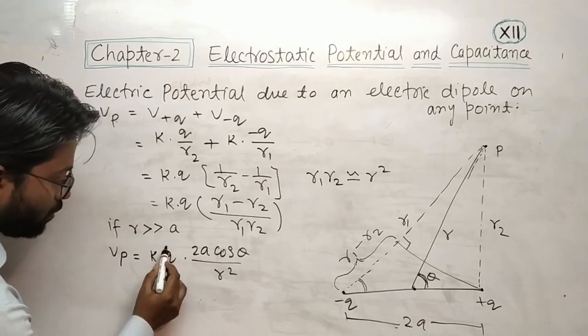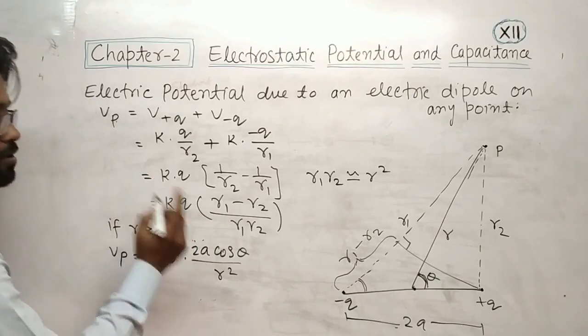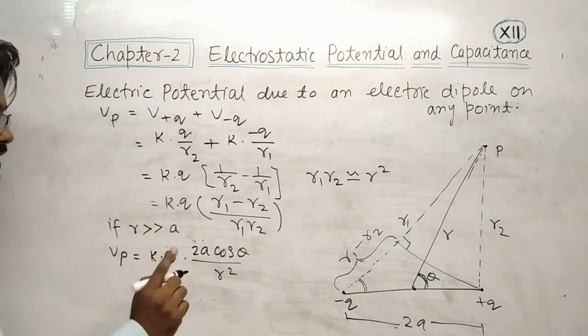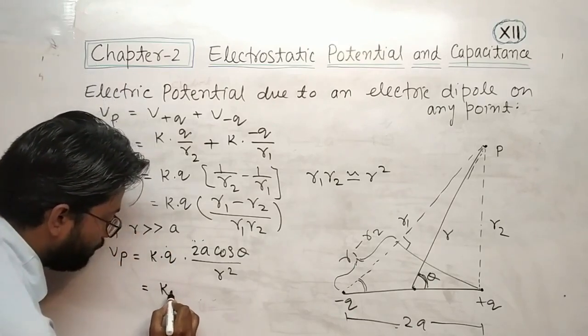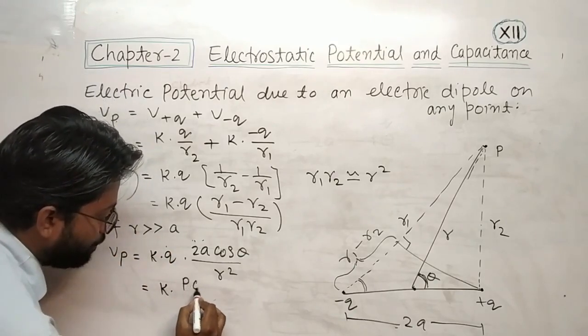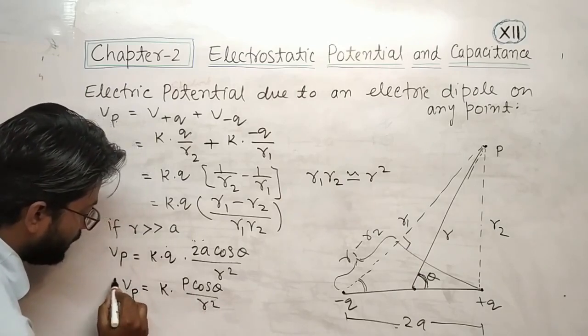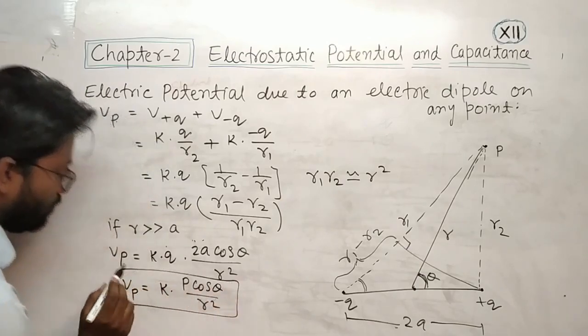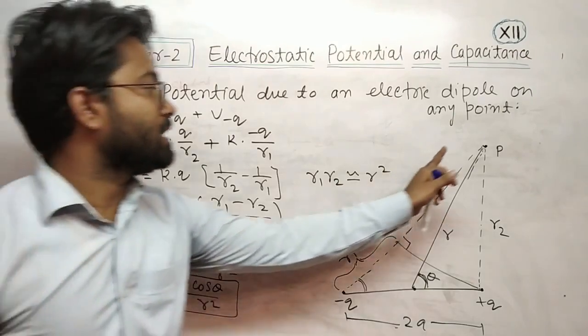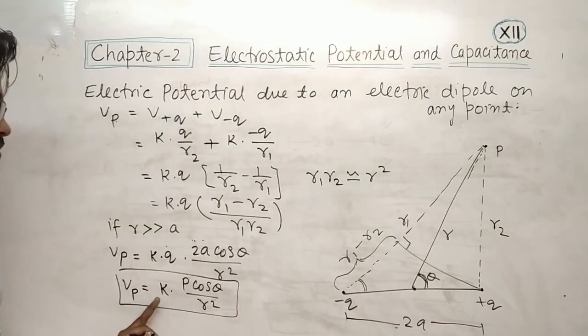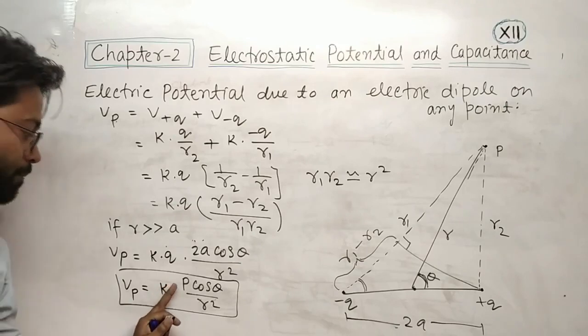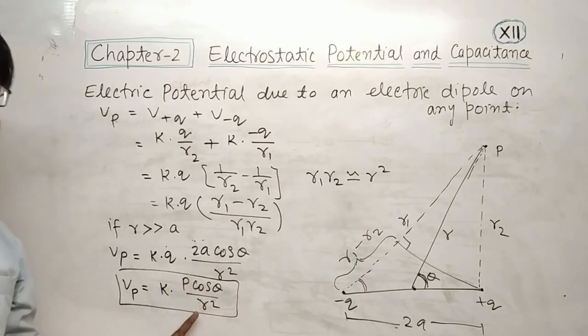You can write Q into 2a, that is also the electric dipole moment P. So Vp, the net electric potential at point P, is equal to K P cos theta upon R squared.